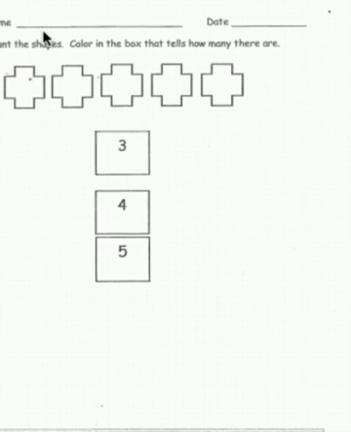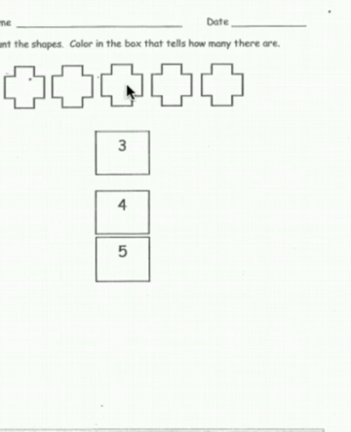Next, you're going to exercise your brain using this math sheet. Put your name on your paper and your date on your paper. Once that is done, you can continue and I'll help read the directions. The directions state count the shapes.